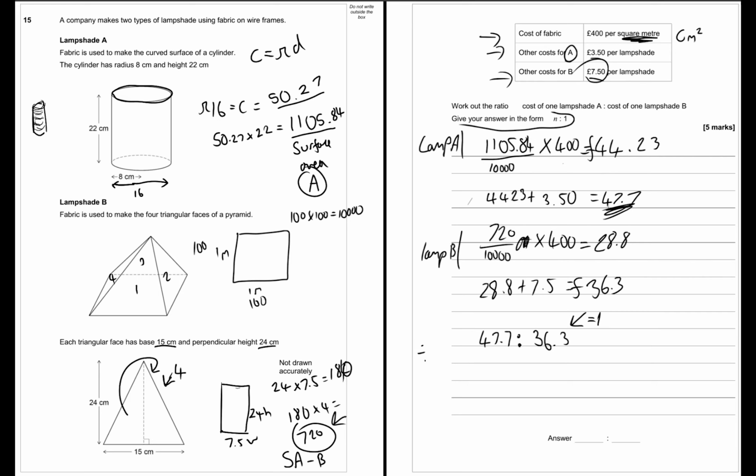So we can divide the whole thing by 36.3, and if we do that, the right hand side will go to 1, and we also need to work out what the left hand side will go to. So 47.7 divided by 36.3, and we should get 1.31 to 1, and that's our answer, 1.31 to 1. Okay, lots of work for 5 marks, but we got through it.